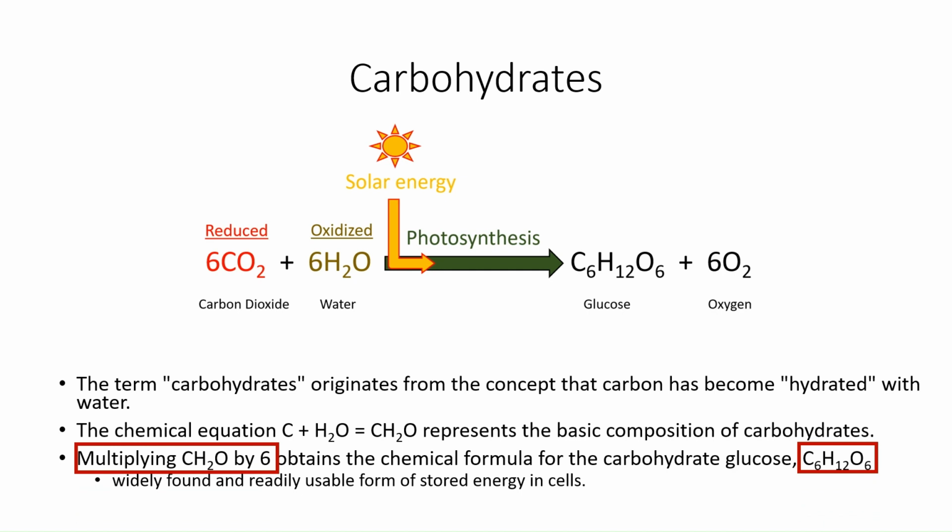That gives us, on the right side, 6 carbons, 12 hydrogens, and 6 oxygens. And if we take a look at our glucose molecule in our equation above, that's exactly what we have. So in fact, glucose is simply hydrated carbon.